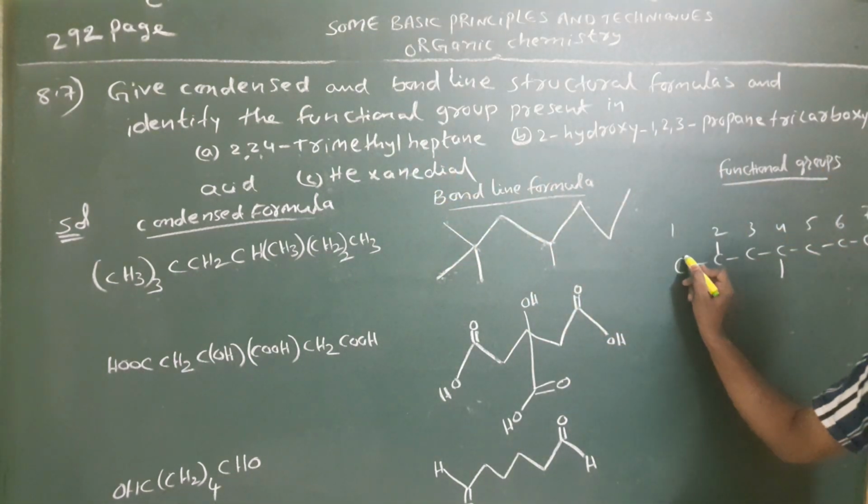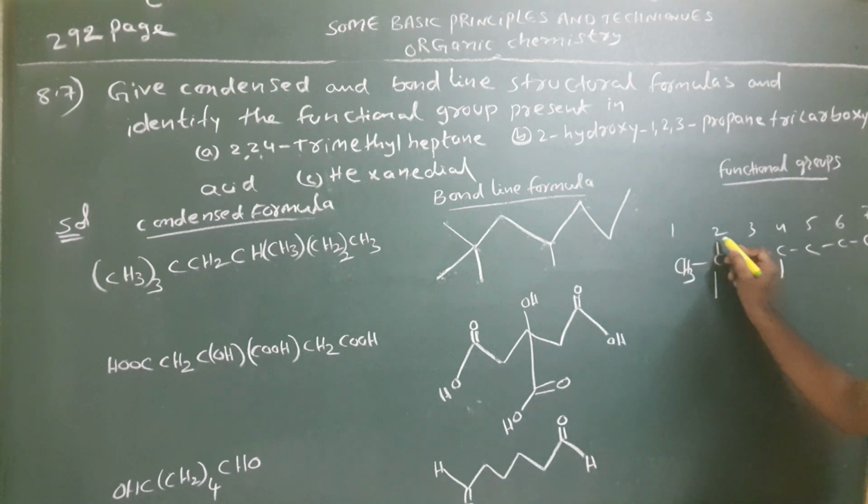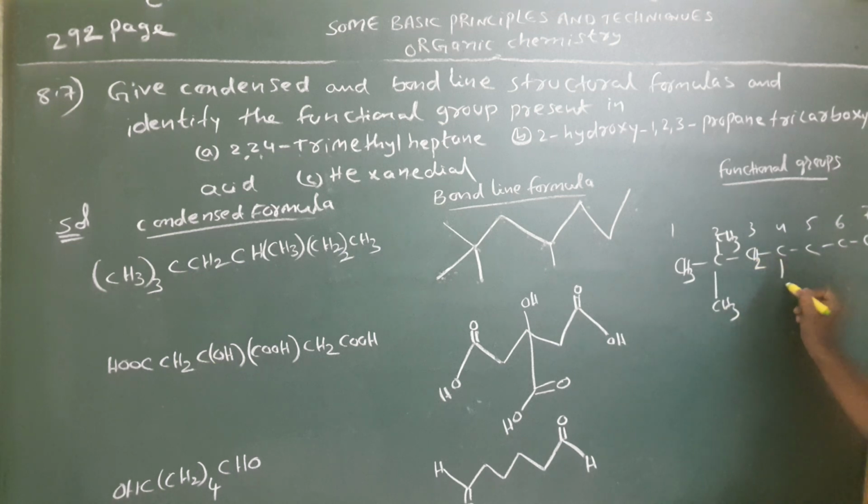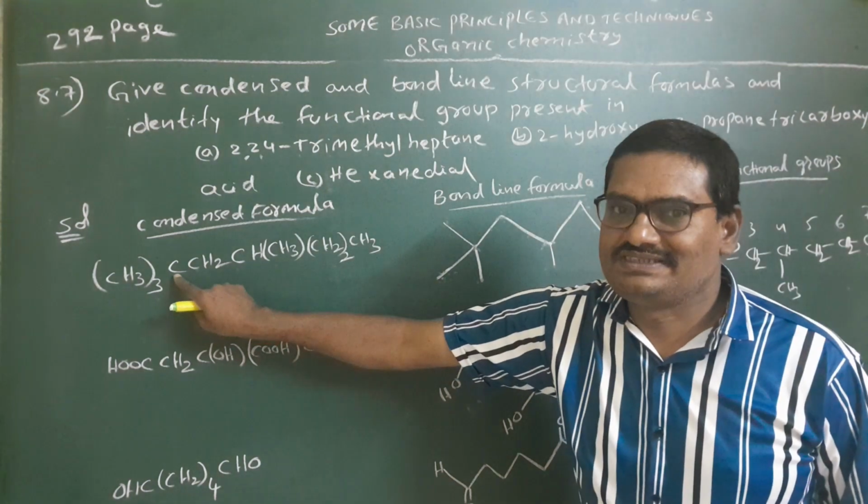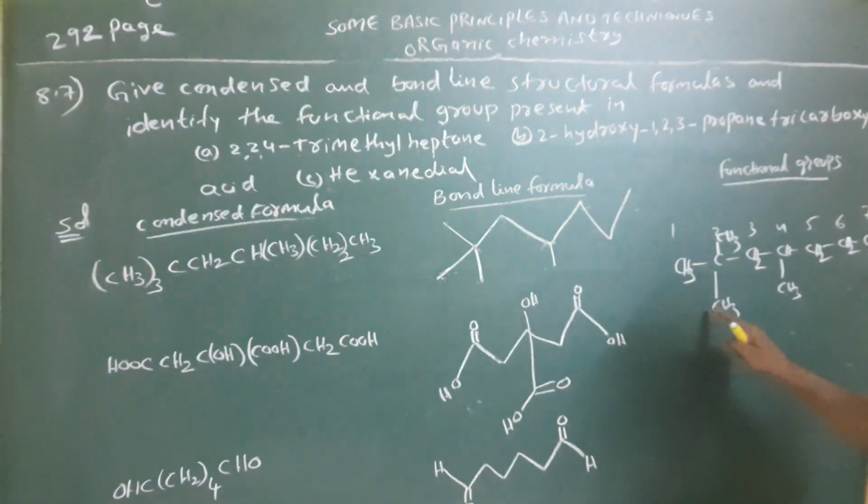Here it is CH3, then CH2, CH3, and so on. In the condensed formula, C represents this one carbon.